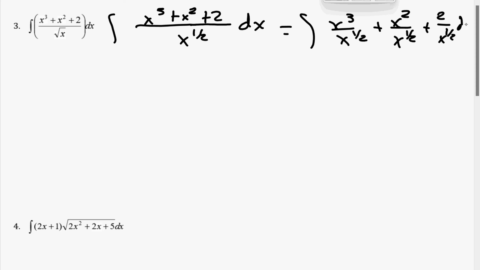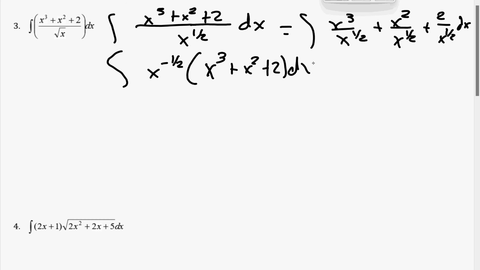Okay, so I can do that, and then I can move those to the top by taking the negative exponent. It would be the same thing as rewriting this like this and distributing it. Right, so kind of like the same as the last problem. Either way, right, we're going to get an x cubed minus a half, right? And that's not taking the integral yet.